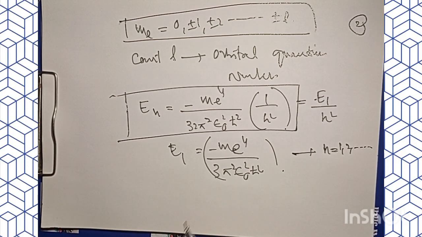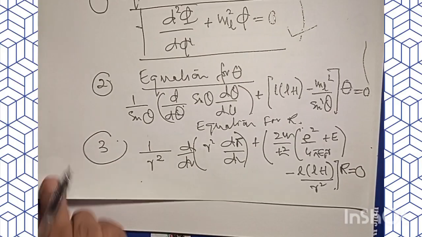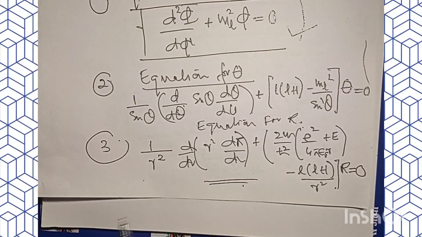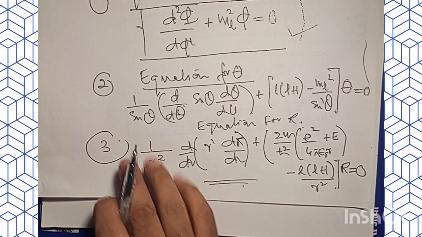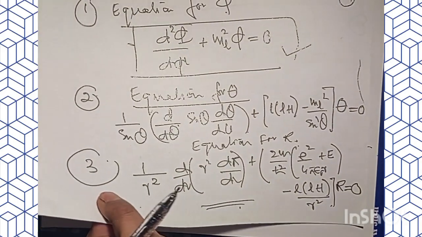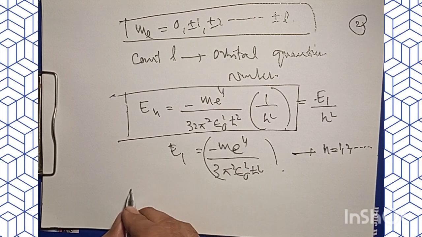Now, another important condition comes into action here. In the equation that we have in radial form, this n we call the principal quantum number.